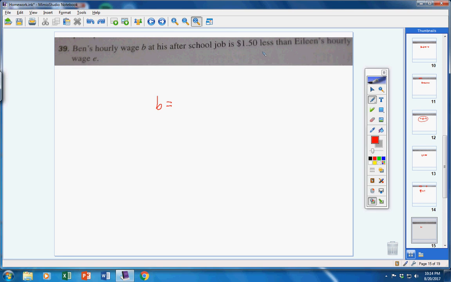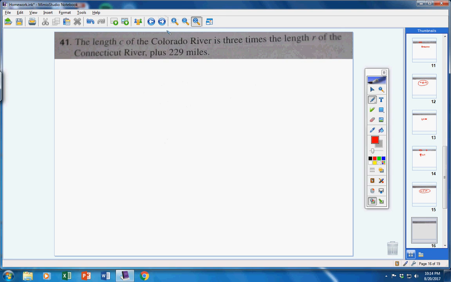That's where a lot of students make mistakes in these problems. Is means equal. Ben's hourly wage B is equal to $1.50 less than, so we're minusing $1.50, so $1.50 less than Elaine's hourly wage E. There it is. B is $1.50 less than E, and that's it. Watch it again if you need to. Okay, guys, number 41.